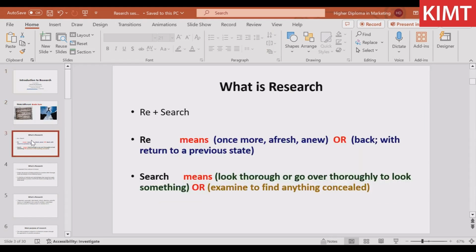Research is something called research. Re means once more, afresh, anew. Or maybe you are thinking of some alternative views on that. That is called research.